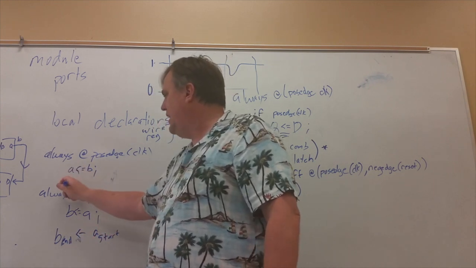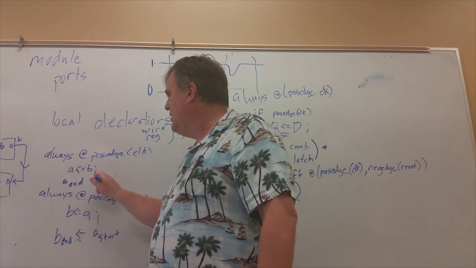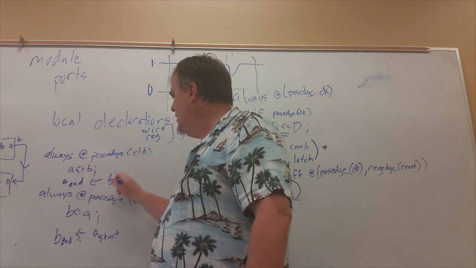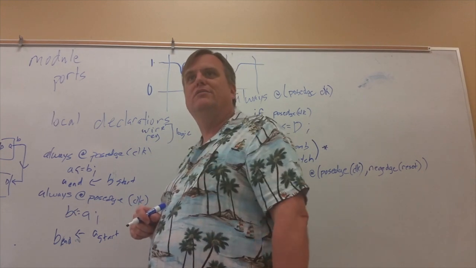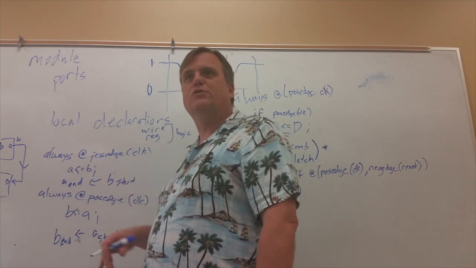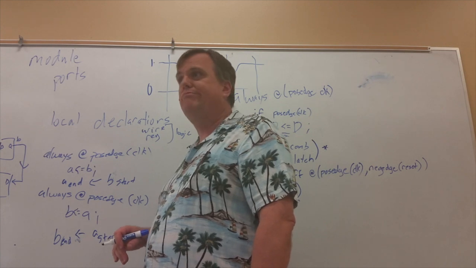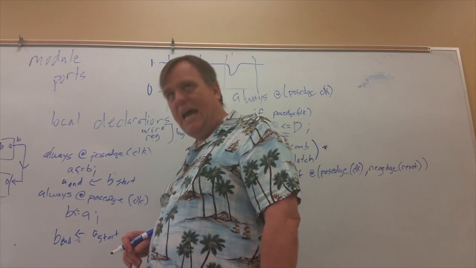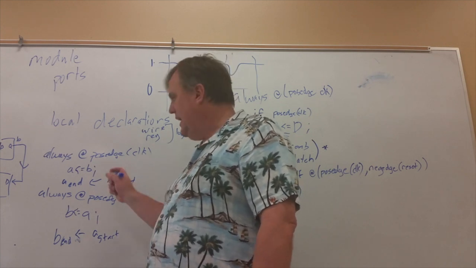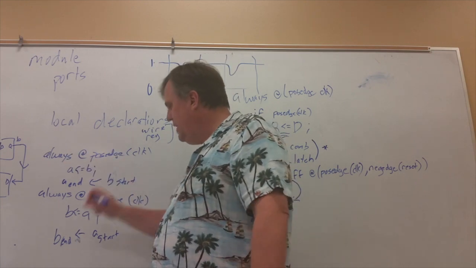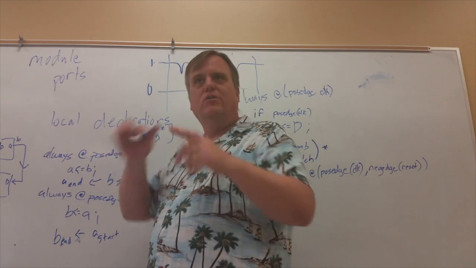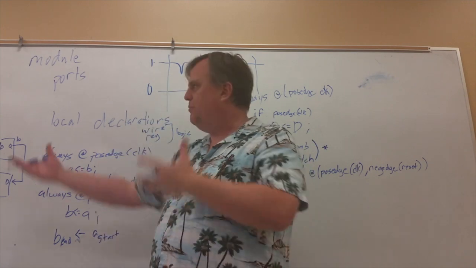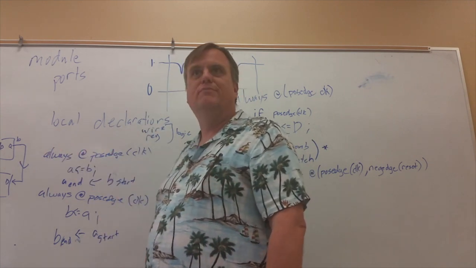And this one says A at the end gets the value of B at the start. Any ambiguity? No. Does it matter who runs first? No. You get exactly what you thought. A gets B's old value, B gets A's old value. And you got your normal kind of nice back-ended flip-flop thing exactly like you pictured.